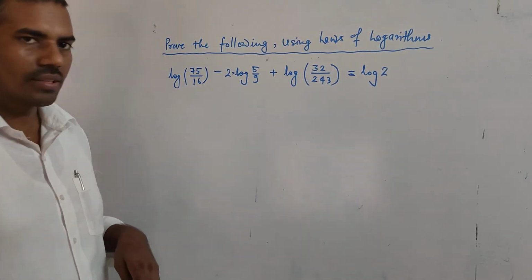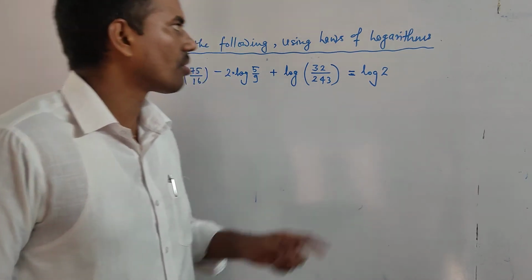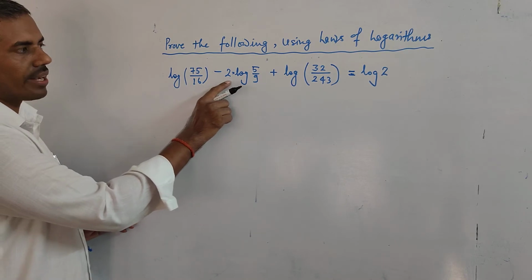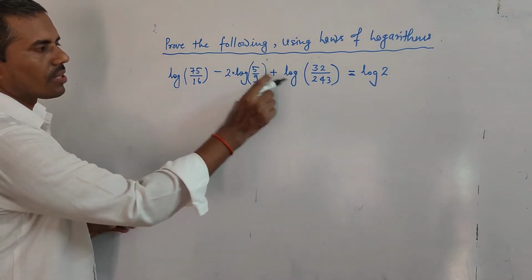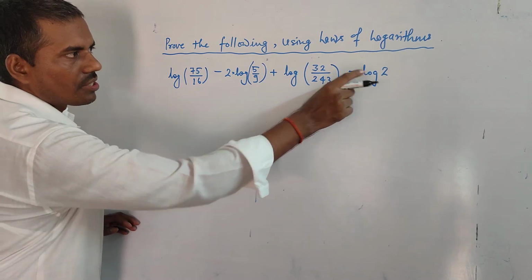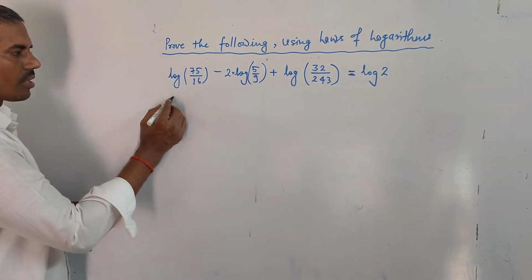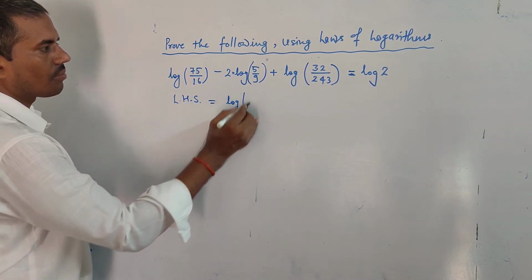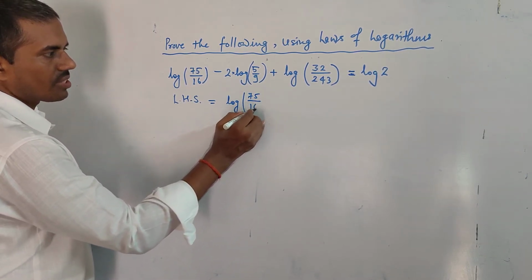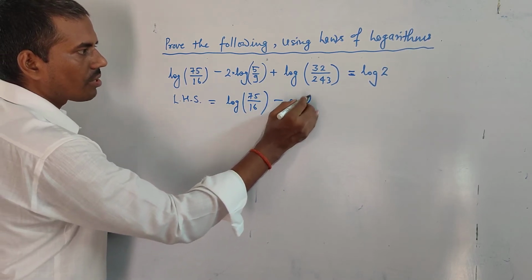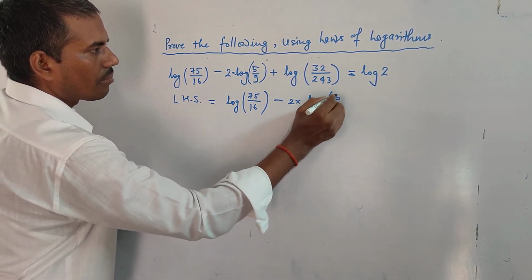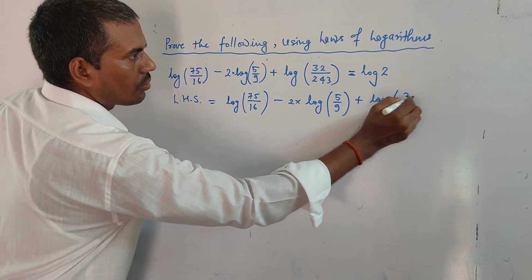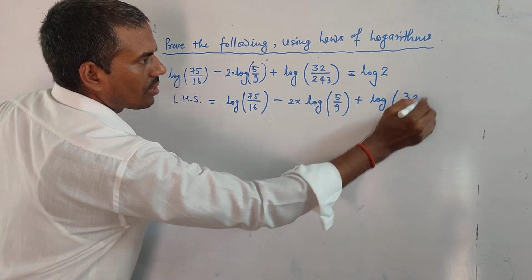The next question, which is based on the laws of logarithm, is log of 75 divided by 16 minus 2 times log of 5 by 9 plus log of 32 upon 243 is equal to log of 2. Taking the left hand side, it is log of 75 upon 16 minus twice log of 5 by 9 plus log of 32 upon 243.